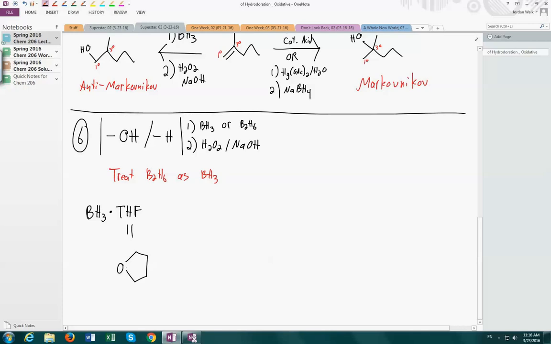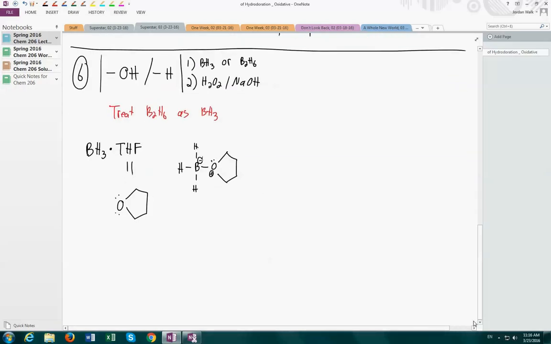And so what's happening is once you take your BH3 and you add it to your THF, well, does THF have any lone pairs that would probably be happy to donate in and close the shell of the BH3? Yeah, absolutely, right? And so really what you've got when you have BH3 THF is you've got a structure that looks like that. So if you ever are in need of buying BH3, that's probably how you're going to find it. You're going to find it mixed with another solvent so that the shell is closed.